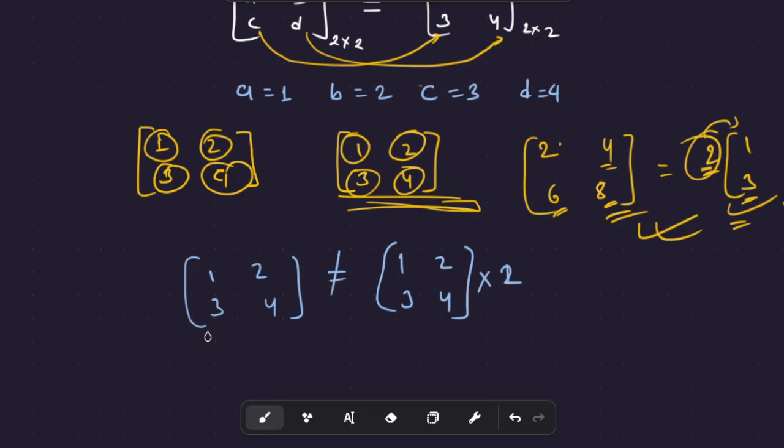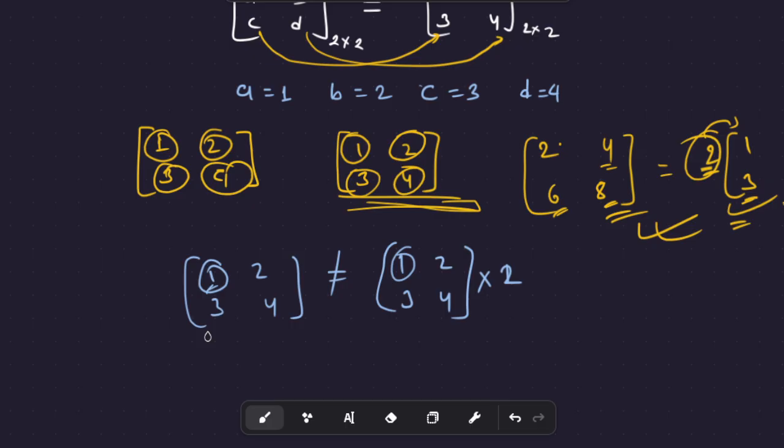Because if this 2 multiplies all the elements of this matrix, it becomes 2 1s are 2, 2 2s are 4, 2 3s are 6, 2 4s are 8. Now, the elements in their fixed positions are not equal. Like here is 1, here was 1, but after multiplying by 2 it will be 2. Now 1 is not equal to 2, so that is why these two matrices will not be equal.